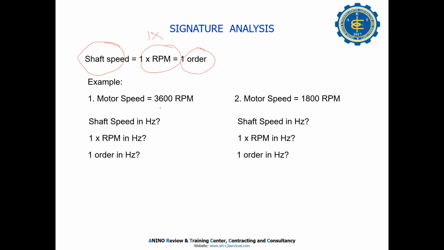Example: motor speed is 3,600 RPM. What is the shaft speed in hertz? 60 hertz.